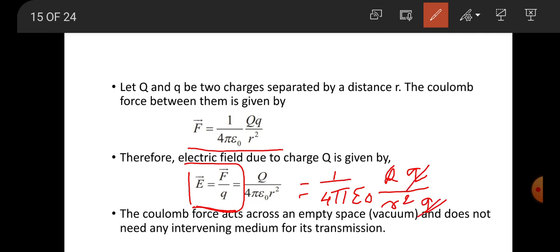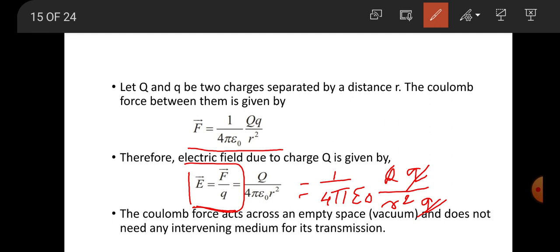So both the q's will get cancelled, and what remains is electric field is equal to Q upon 4 pi epsilon naught r square.